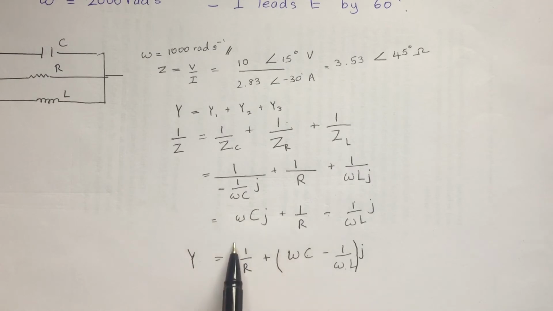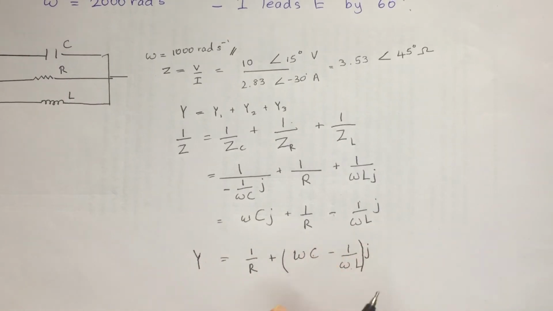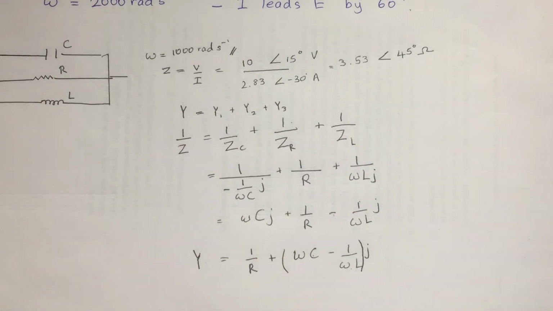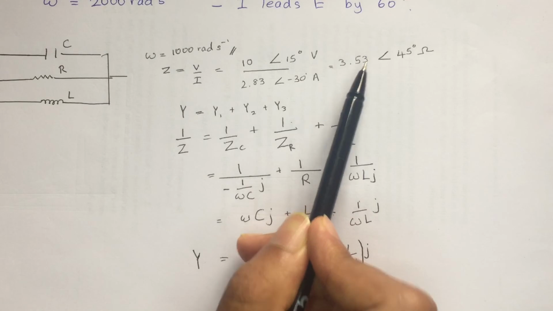This is a complex number in Cartesian form. First of all, we can use this part. If you need the value for these four things, R, omega, C and L, we can directly change it to polar form and compare with this.